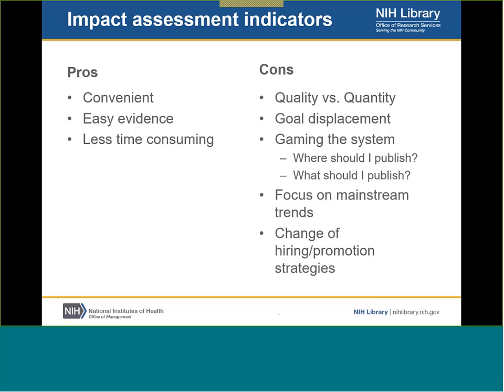And people also tend to focus more on the mainstream trends, because these are the things they can easily get higher scores for or have quantified, okay? And of course, that can change the whole hiring and promotion strategy.